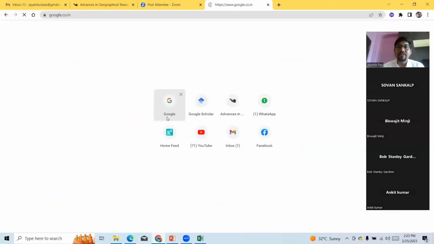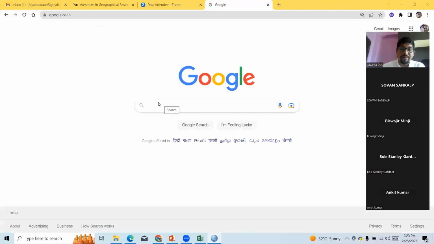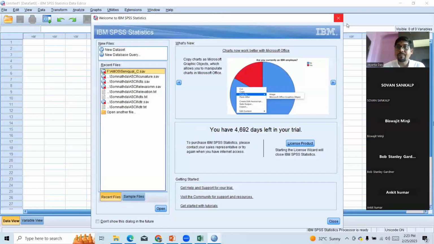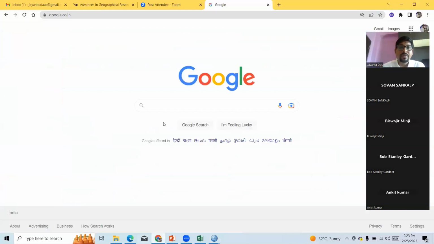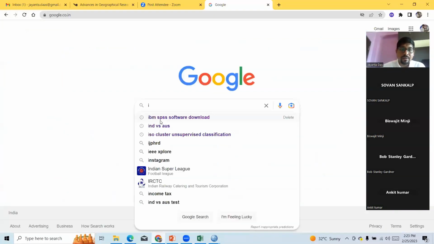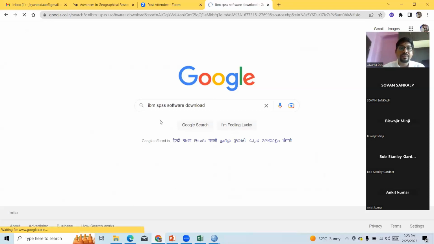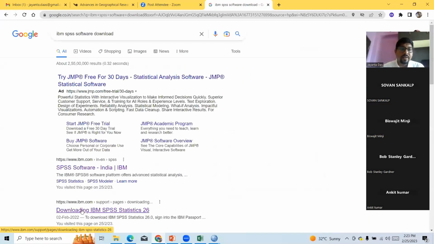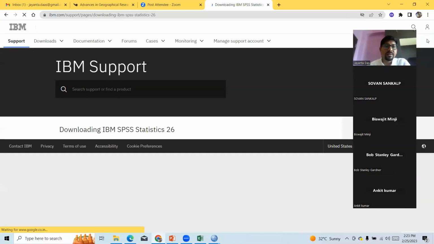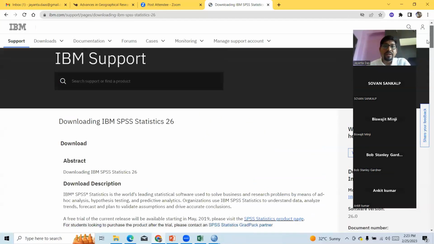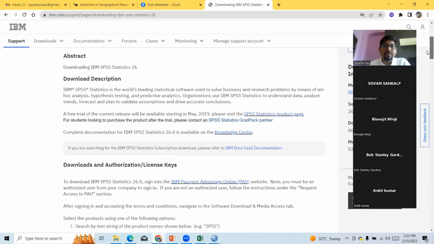And Google search here IBM SPSS download. This link, download IBM SPSS Statistics. You can download the trial version, but it is available only for 15 days.